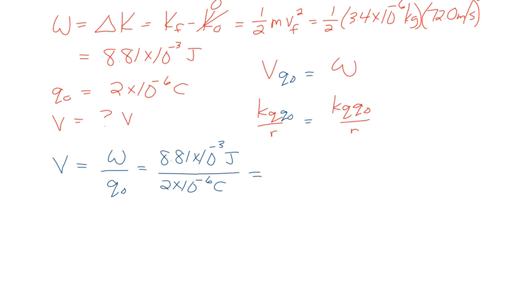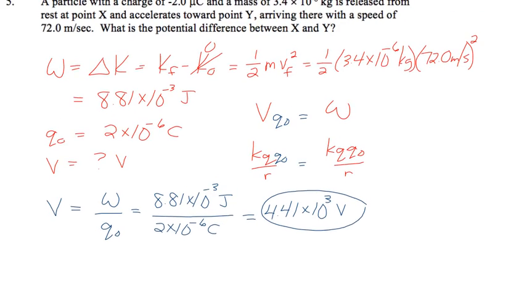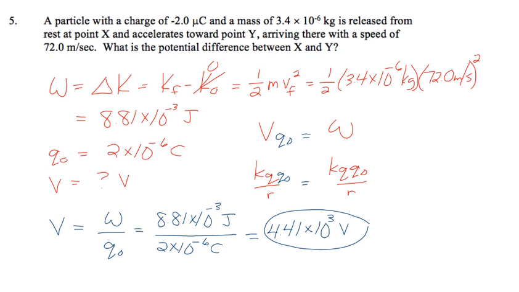What's the number I gave you? 4.41 times 10 to the third. Okay, so 4.41 times 10 to the third, and that's a joule per coulomb, and a joule per coulomb is a volt. So that's the work in solving a problem like this.